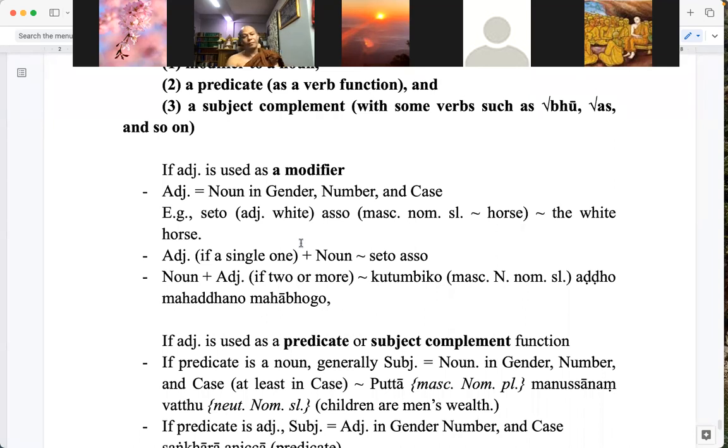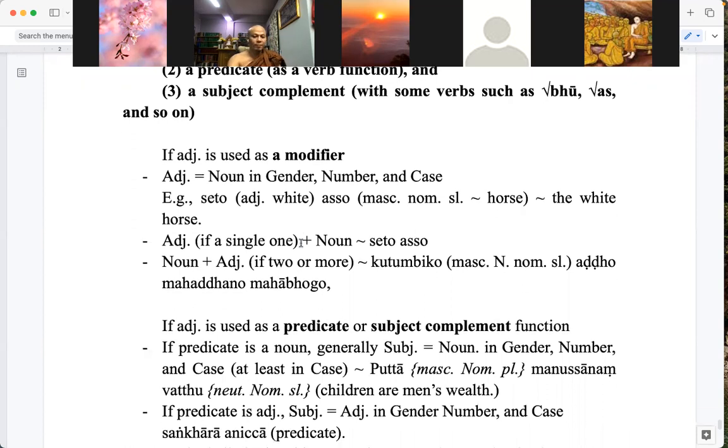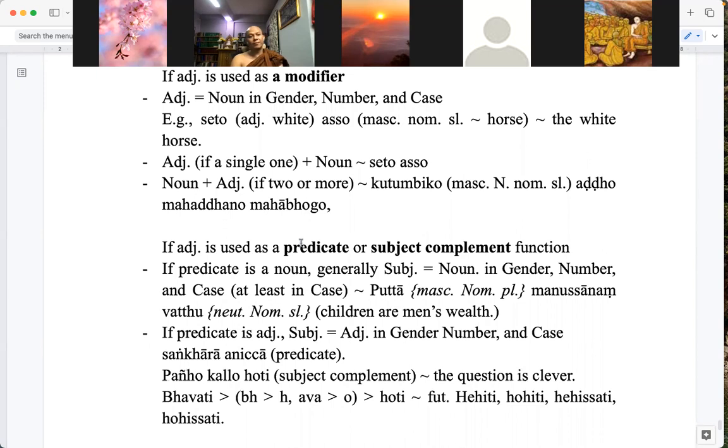The second one is relating to Sankhara Anicca. Sankhara is a noun, conditioned things, and Anicca is impermanent. It is the adjective.